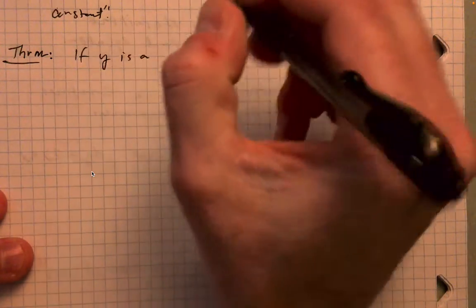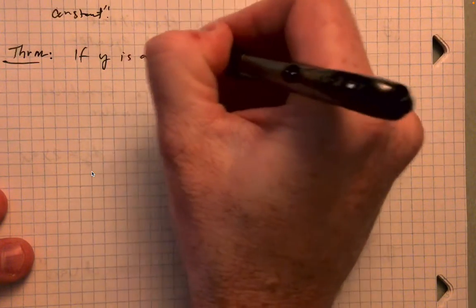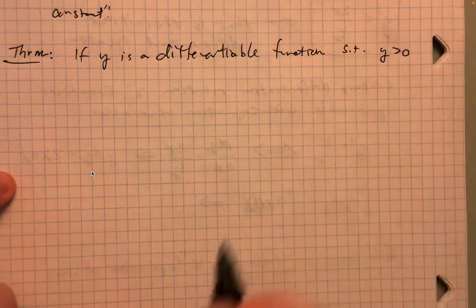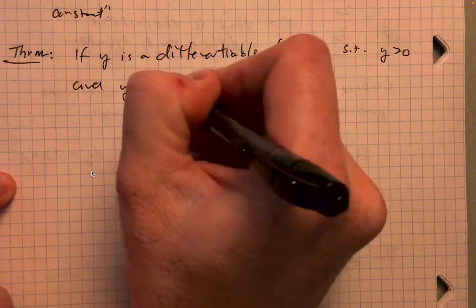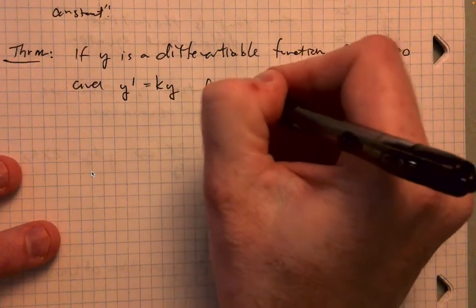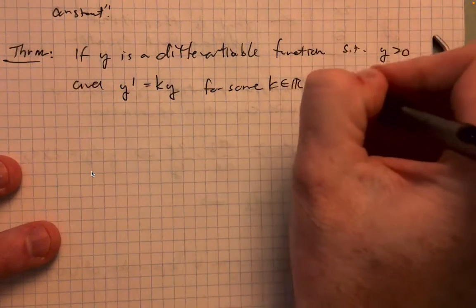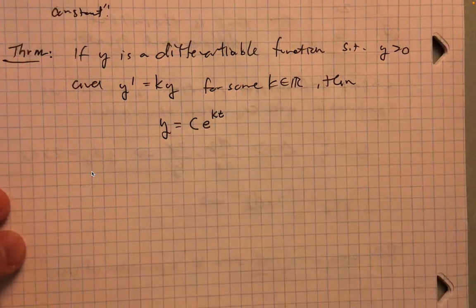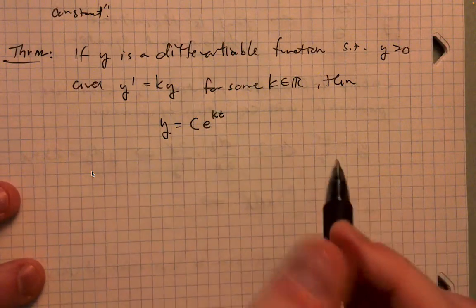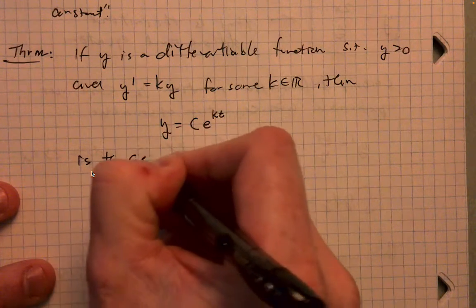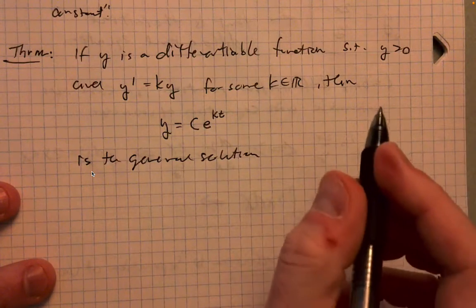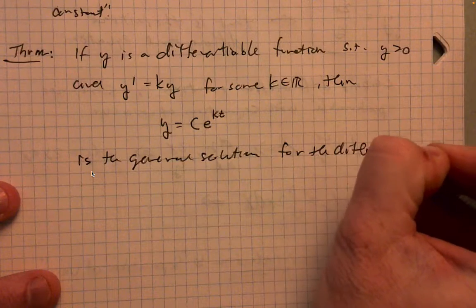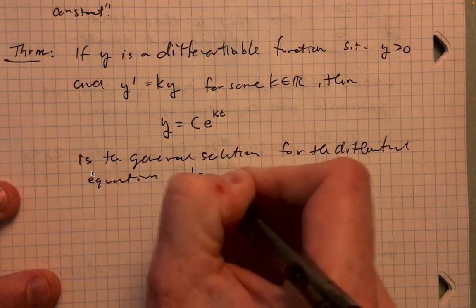So if y is a differentiable function such that y is greater than 0 and y prime equals k times y, for some real k, then y equals c times e to the kt power is the general solution for the differential equation y prime equals k times y.